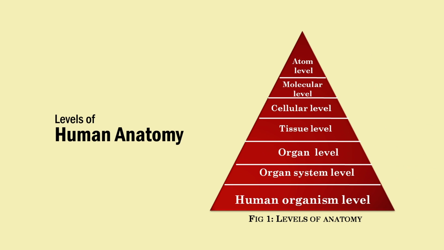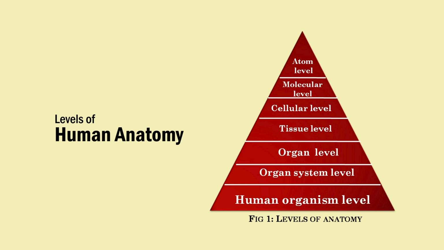Now, in this section, we will discuss different levels of human anatomy. Human anatomy is divided into 7 levels. The first and smallest level is the atom level.